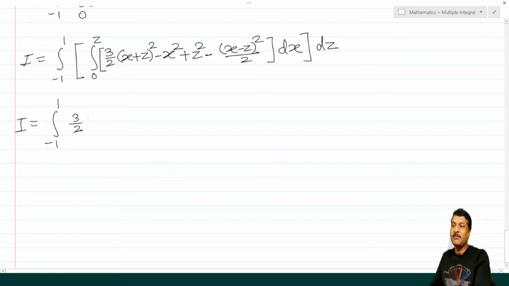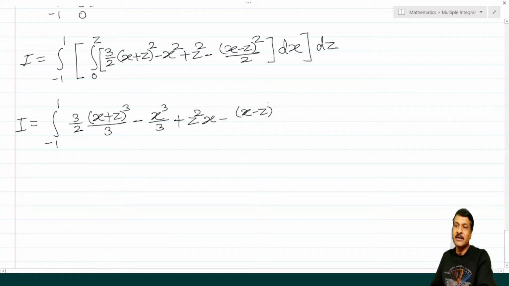This is a 3 by 2, and this integration with respect to x. So it is x plus z cube by 3 minus here x cube by 3 plus z square constant with respect to x, that is by x, minus here x minus z cube by 3, already 2 there, lower limit 0, upper limit z, and this dz as it is.